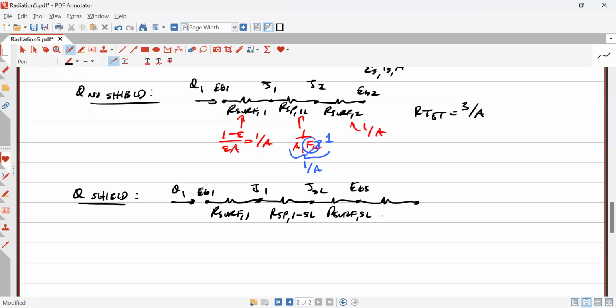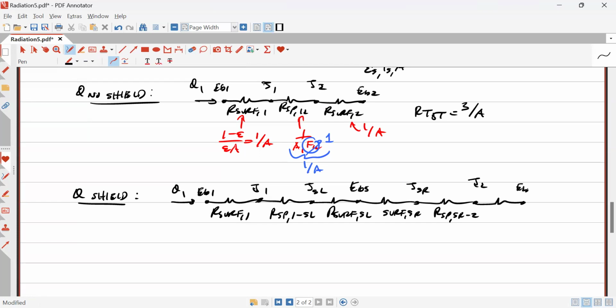We'll assume that the shield is very, very thin and that the whole shield is at a uniform temperature. So now you have the R spatial resistance from the shield on the right going to 2, and that gets you to, oh, sorry, I messed up. We have the surface resistance on the right side of the shield, which gets you to J shield right. Then you have the spatial resistance from the shield on the right going to 2, which gets you to J2.